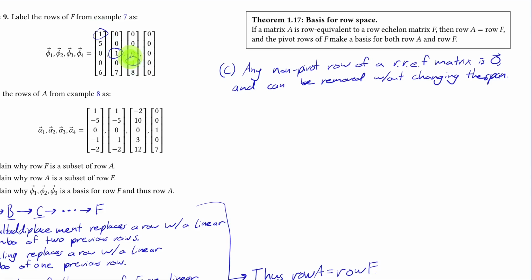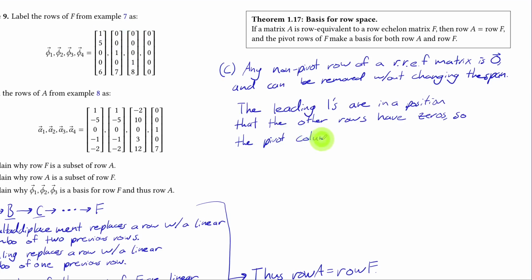Just like you had in F, the pivot positions are the only non-zero entry in its column of F. Now it's the only non-zero entry in the row of this transposed matrix. So the pivot columns cannot be written as linear combinations of each other, which makes them a linearly independent list of vectors.